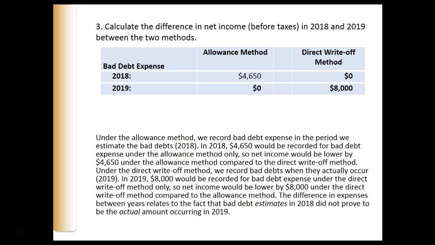In 2019, using the allowance method, there's nothing, but under the direct write-off method, in 2019, we would have written off $8,000. Under the allowance method, we record a bad debt expense in the period we estimate the bad debts. The difference in expenses between the years relates to the fact that bad debt estimates in 2018 did not prove to be the actual amount occurring in 2019.